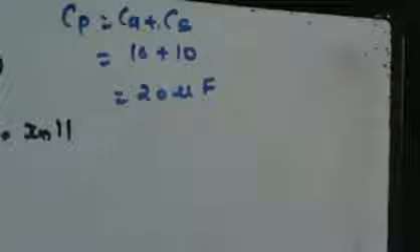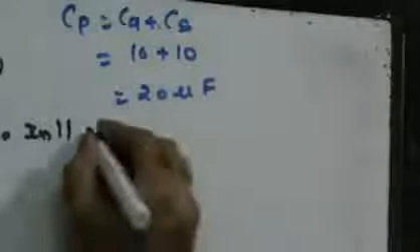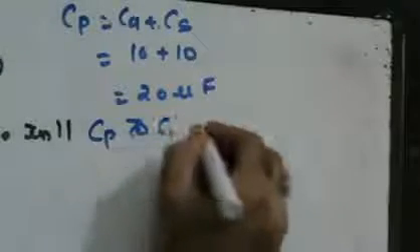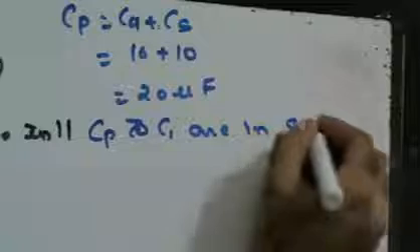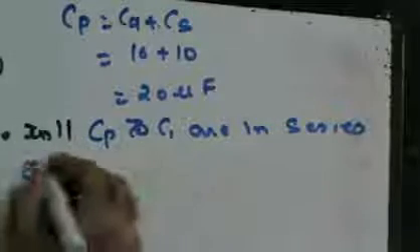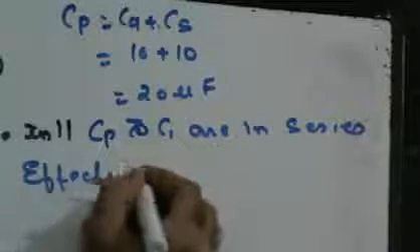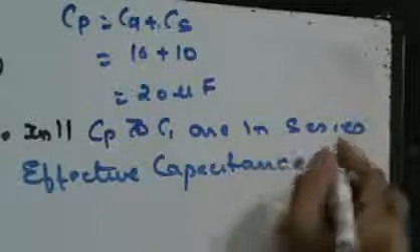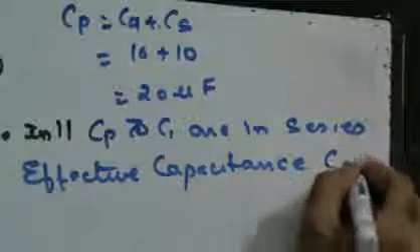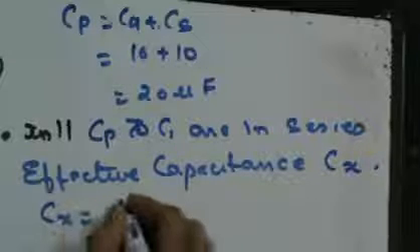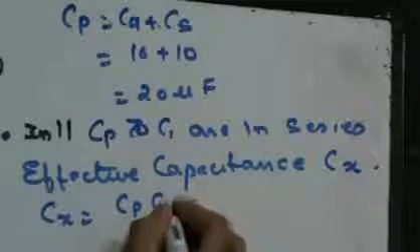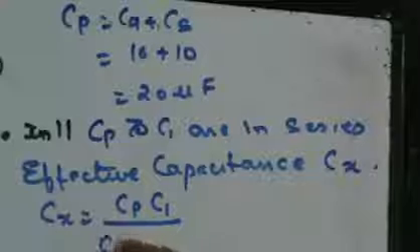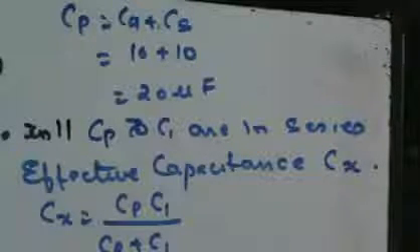Once you have this, then I can say that Cp and C1 are in series. Therefore, the effective capacitance, let's call this Cx. So Cx will be nothing but Cp into C1 upon Cp plus C1.